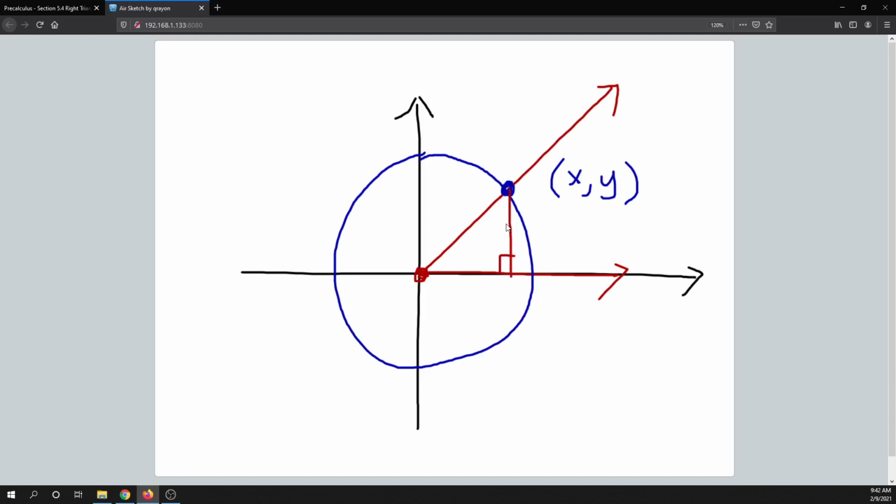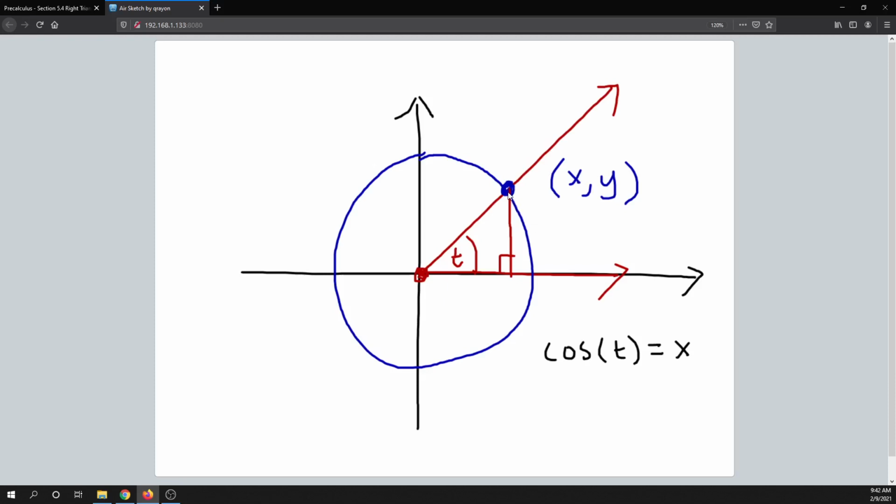Okay, and then if you're looking at this angle here, T, in terms of the unit circle, what we would say is that the cosine of T would be equal to x. Okay, which was the first coordinate right here.